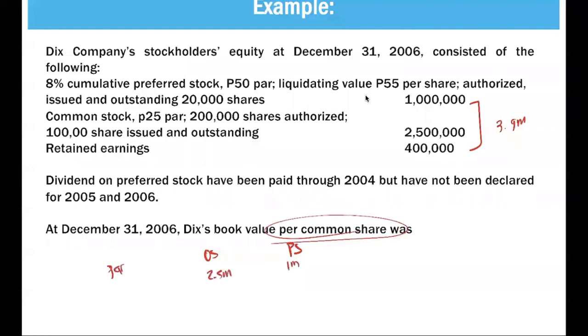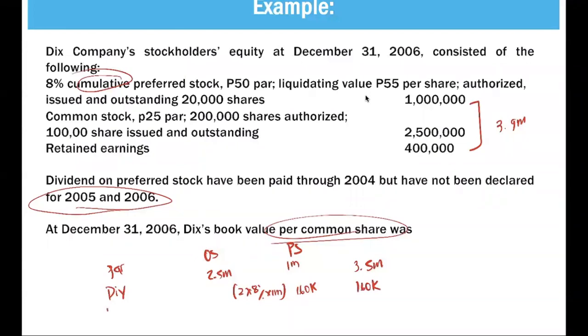So this is 2.5 million, total of 3.5 million. We give dividends. So here it is cumulative. If it is cumulative, we look into your dividend in arrears, 2005 and 2006. So that is 2 years. 2 years times 8% times 1 million. So we have here 160,000.